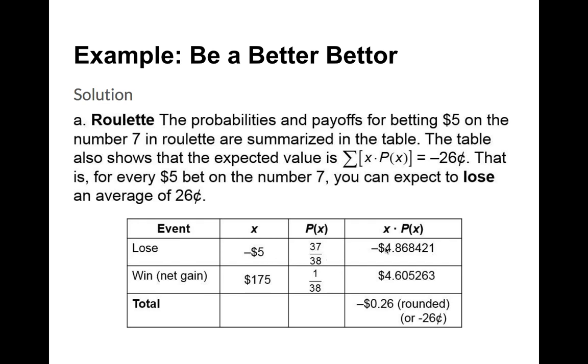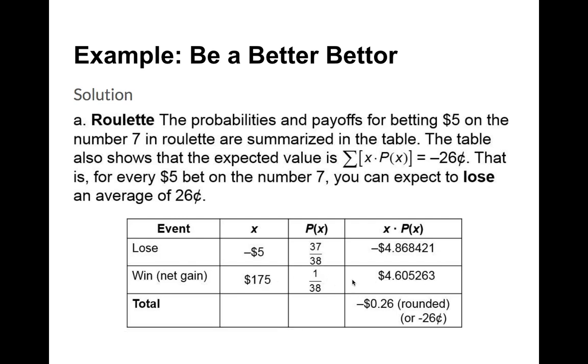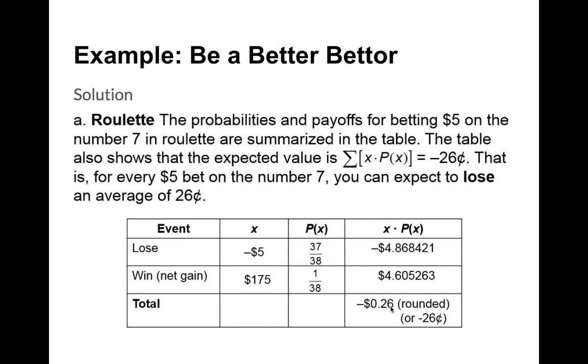The random variable times its probability gives me negative 4.868421. Now if I win $175, that only happens with a probability of 1 out of 38. Multiplying these gives 4.605. Adding them up to find our mean or expected value, we get negative 0.26, or in other words, our expected value is to lose 26 cents.